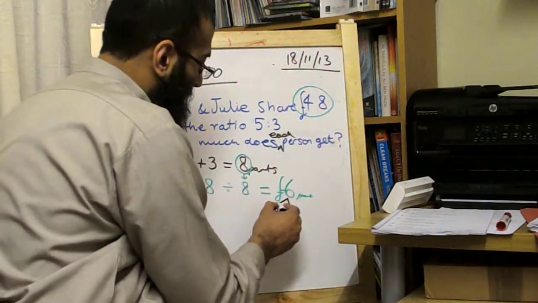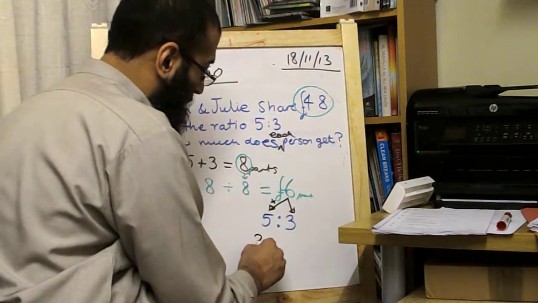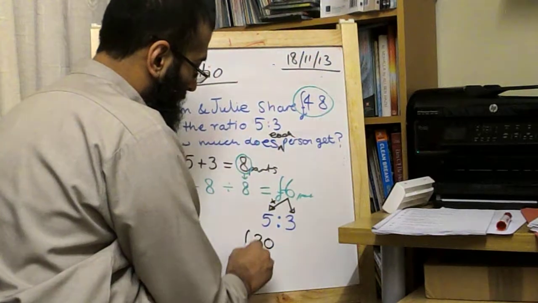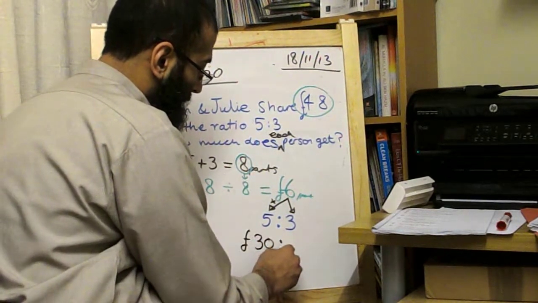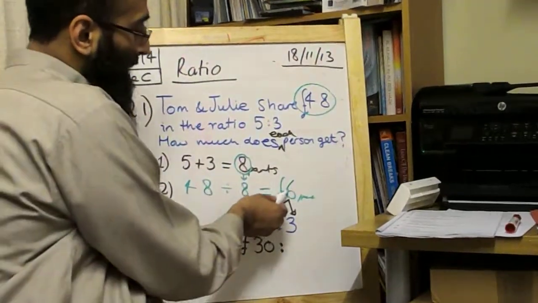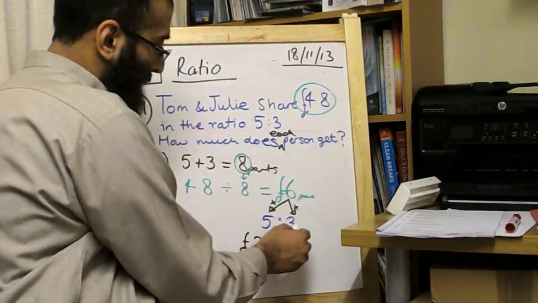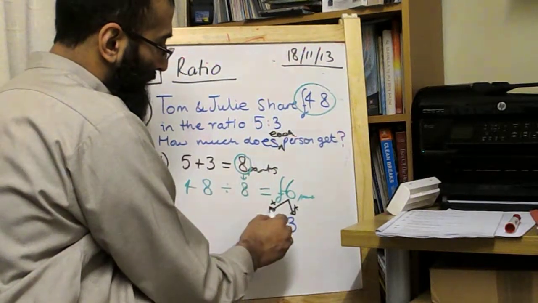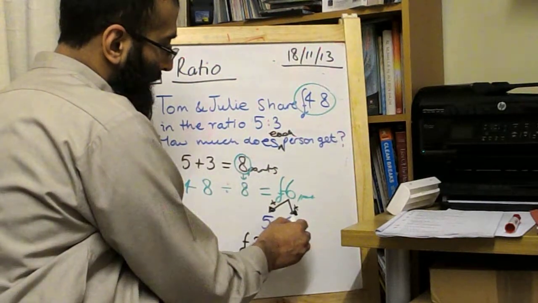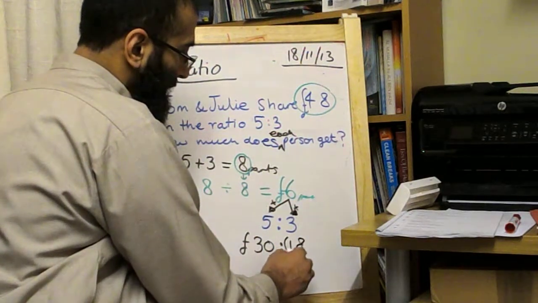So we're going to do 6 times 5, which gives us a total of 30. The next one is 6 times 3. So the answer to part 2 multiplied by the second part of the ratio. 6 times 3 gives us 18.